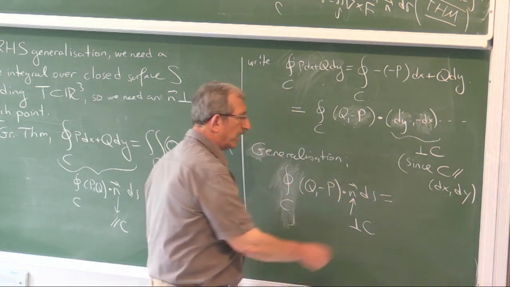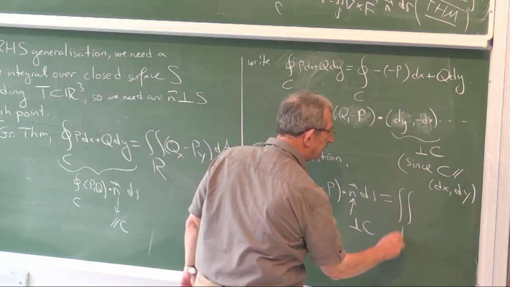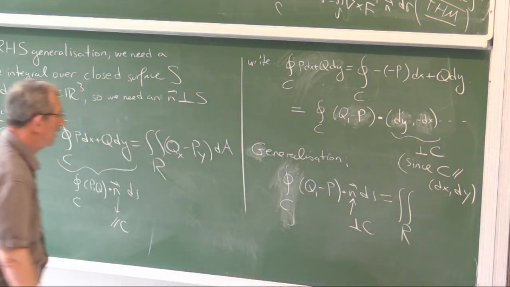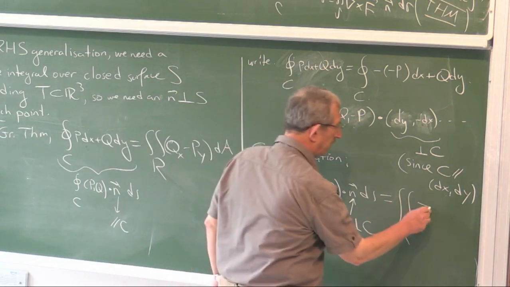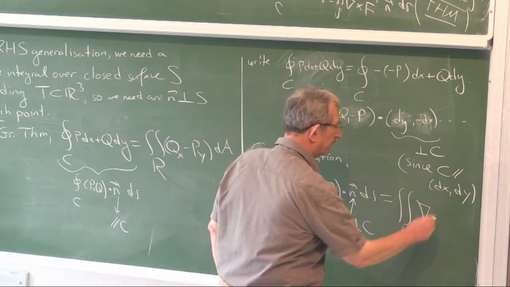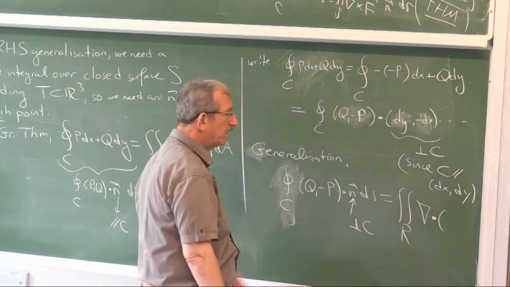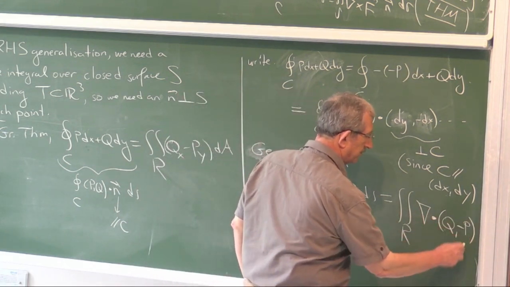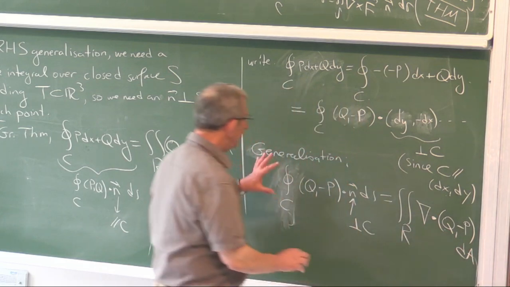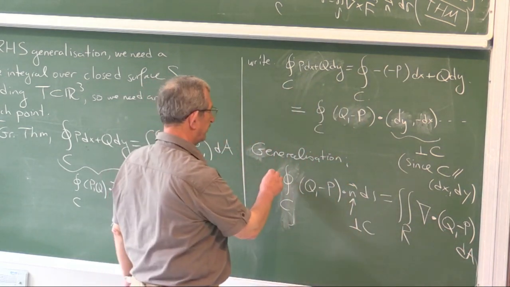Well, now forget this. The other side, remember, was the divergence of, okay, you take Q and minus P. In Green's theorem, this is not a generalization yet.